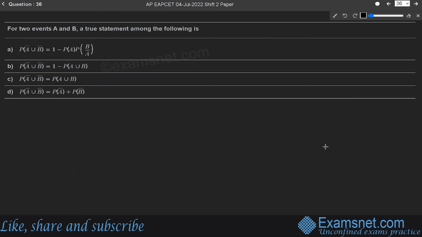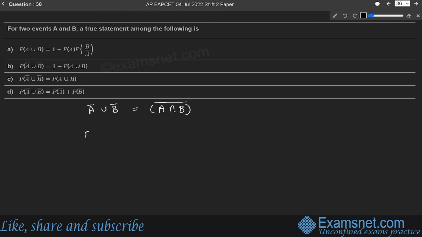Next question is a very, very interesting question. For two events A and B, a true statement among the following is. It is a question that comes from sets and we have to use various properties to prove the statements. We know that A bar union B bar can be written as A intersection B whole bar.